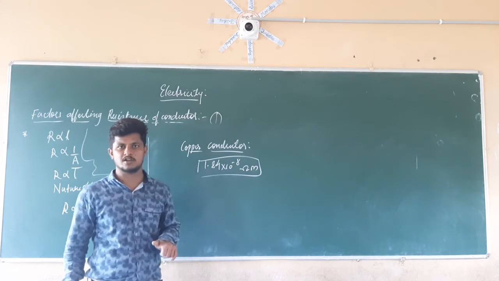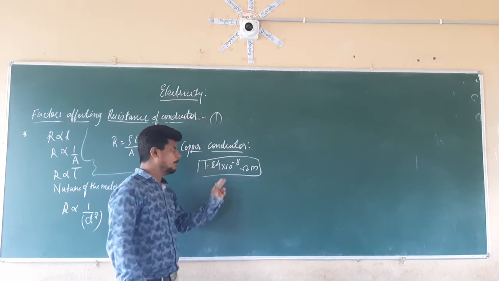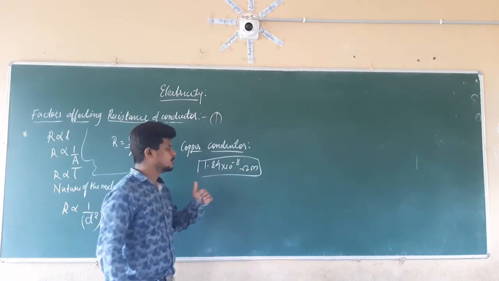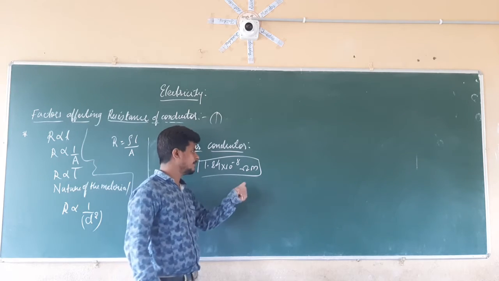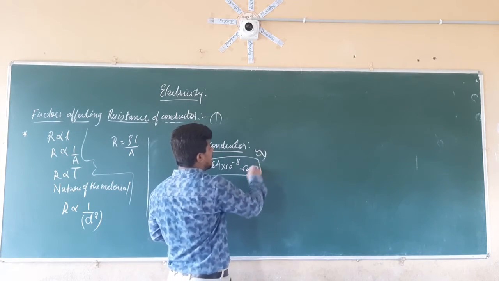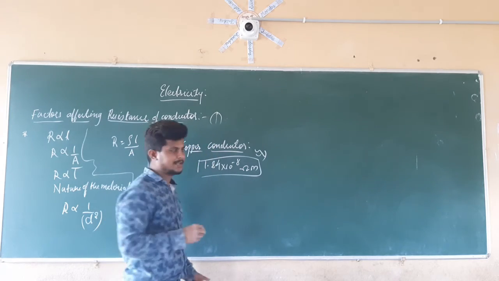It is very small. So the resistivity of the copper wire is very small, and the resistance to the current in a copper wire is very less. For that reason, the copper wire is known as a good conductor of electric current.